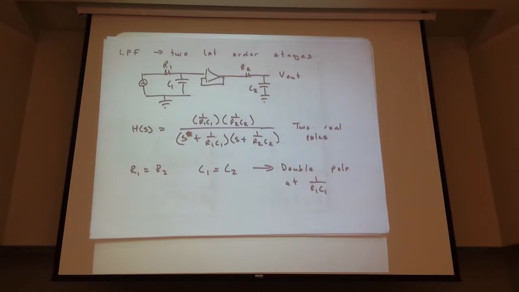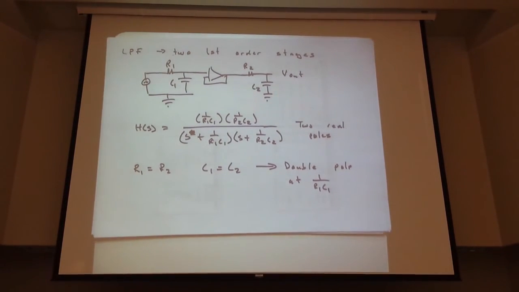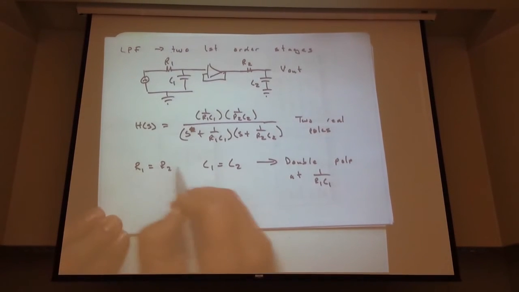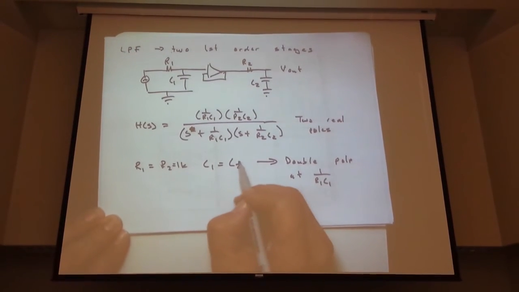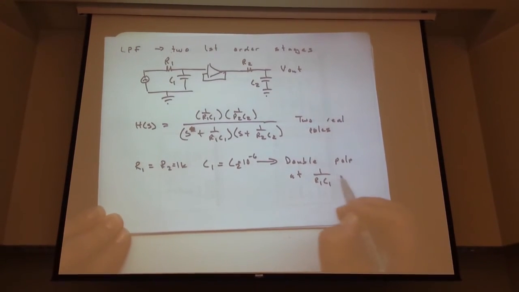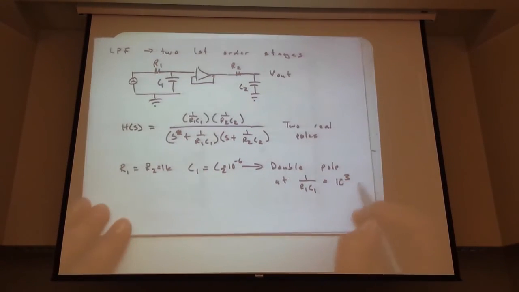So if we choose both of those to be the same, R1 equals R2, C1 equals C2, we have a double pole at whatever that frequency is. We can even pick values. Let's say 1K and 10 to the minus 6 farads, equals 10 to the 3 radians per second.